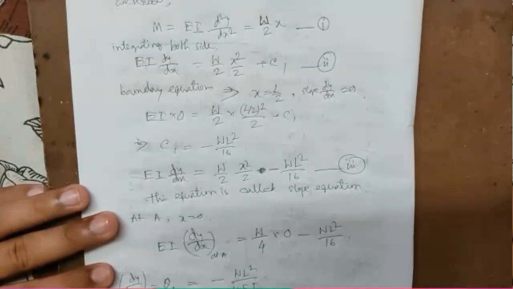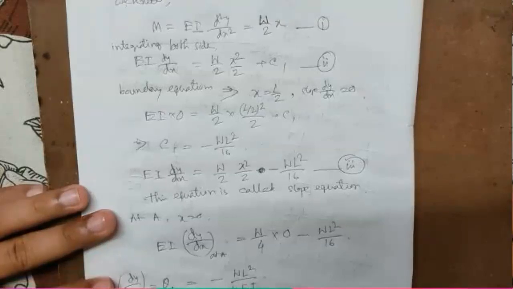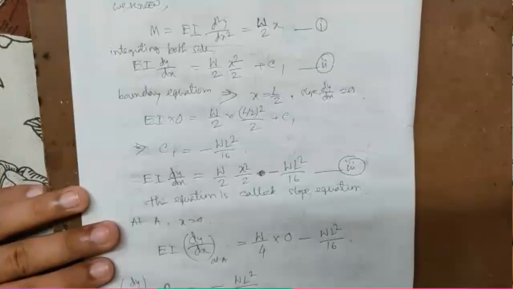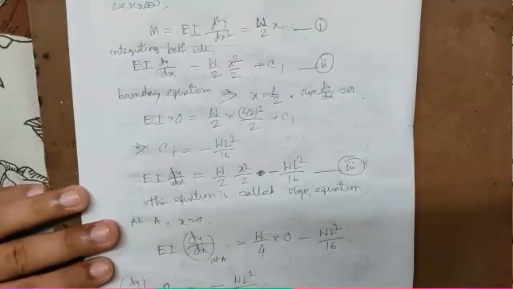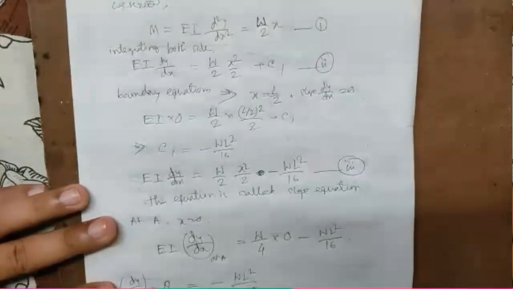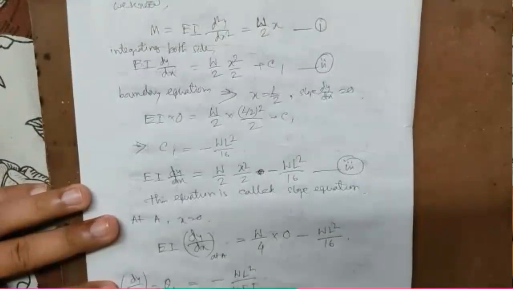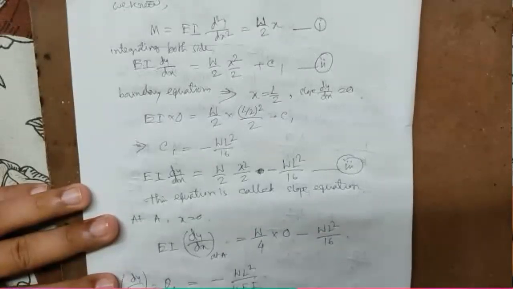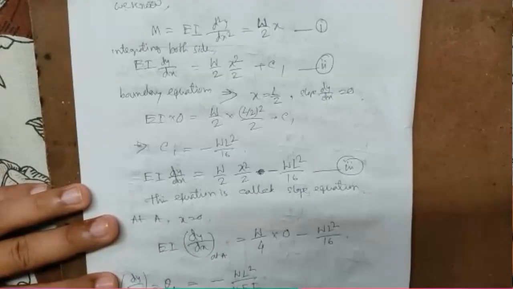So this is the value of theta A, and similarly the same magnitude will be found at the end B due to symmetry, and these are the slopes in radian. Remember this, theta A is in radian, equal to theta B, and the value will be minus WL square by 16 EI.